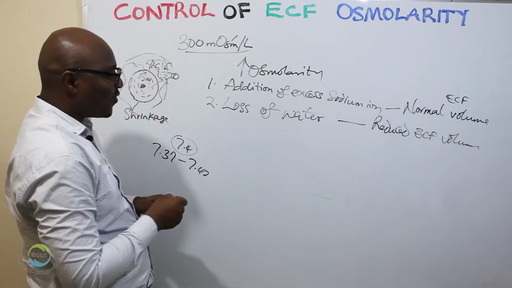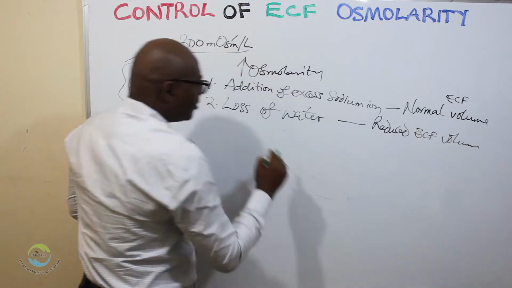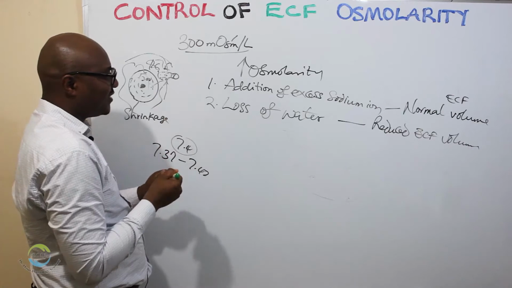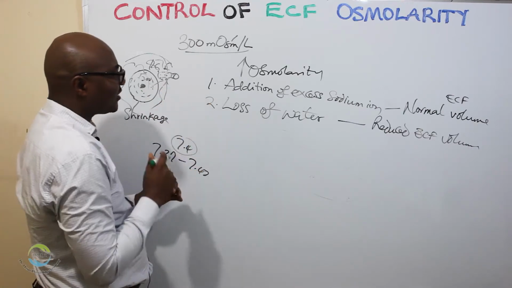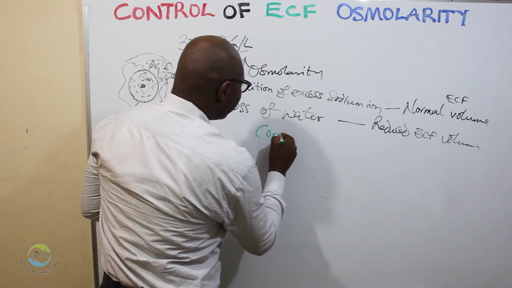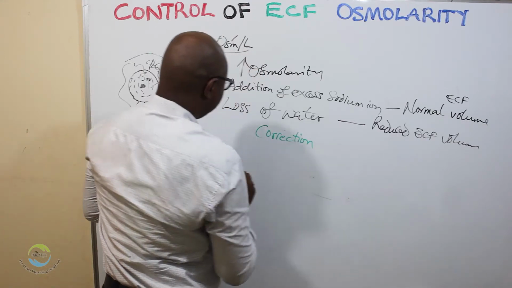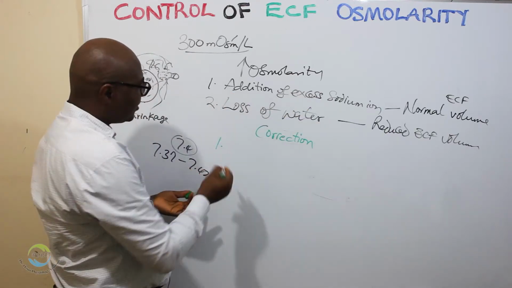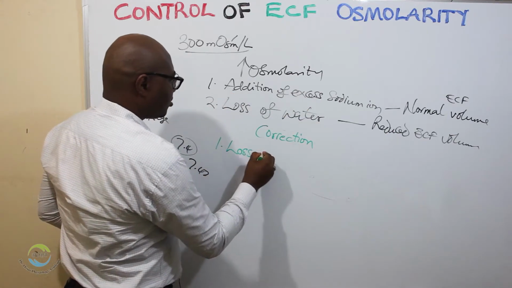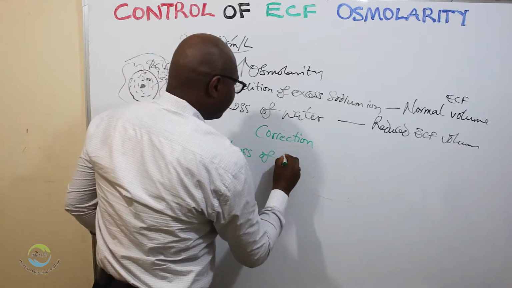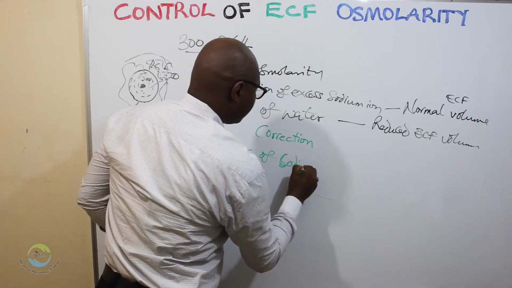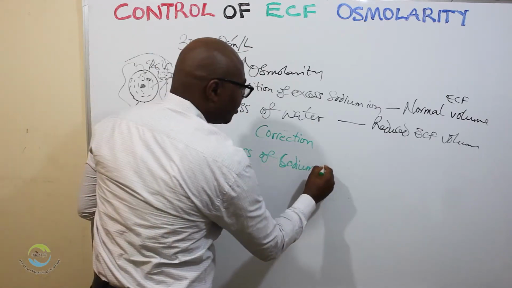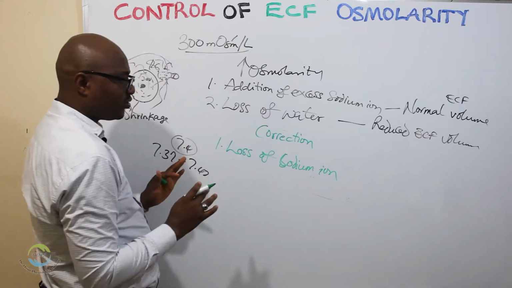So you now ask yourself, what is the correction? We are setting a basis for how the body uses different mechanisms in correcting this thing. So what do you think will be the correction? So number one, since it's addition of excess sodium, that means there is loss of sodium in excess of water. That is, more sodium ion is lost.